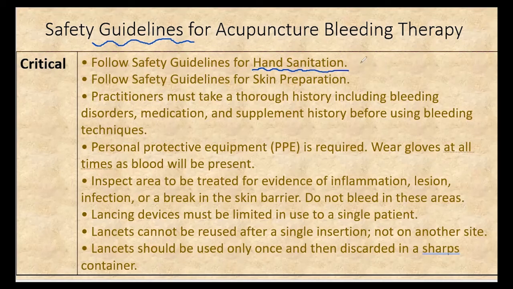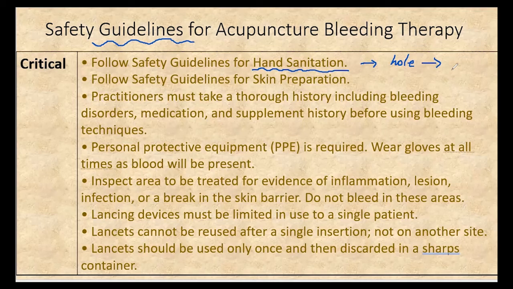When we do bleeding technique, we open the skin, it's a hole in there, then blood can come out. That kind of hole pretty easily causes microorganisms, like bacteria and viruses, to go inside.